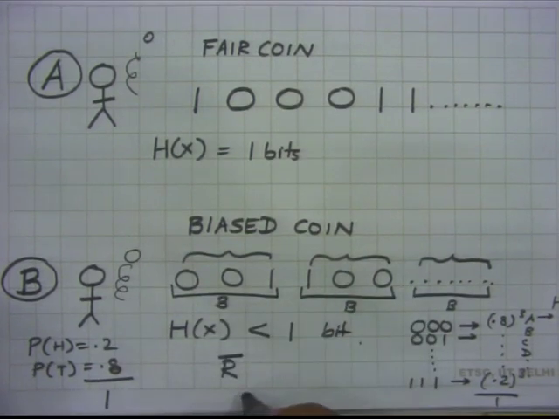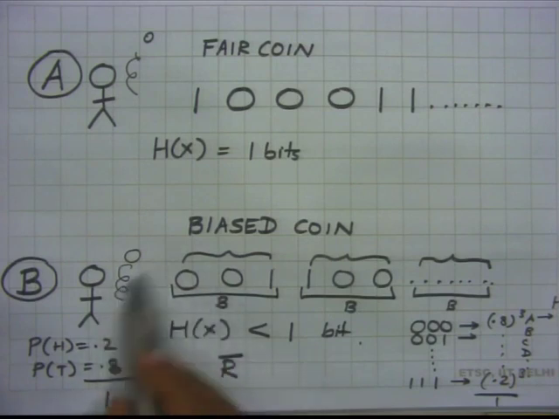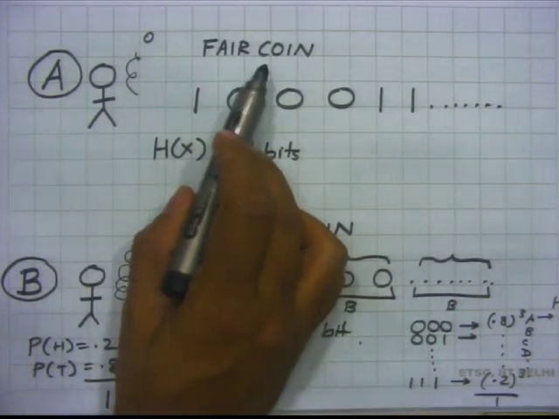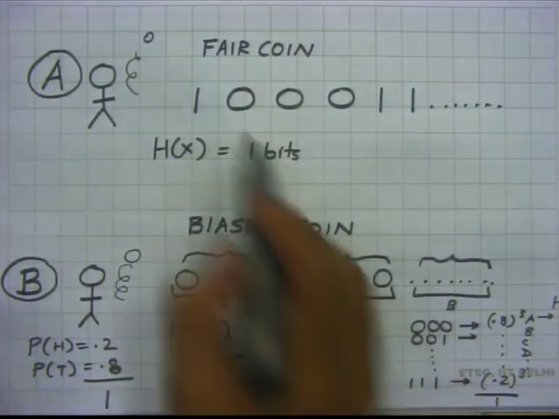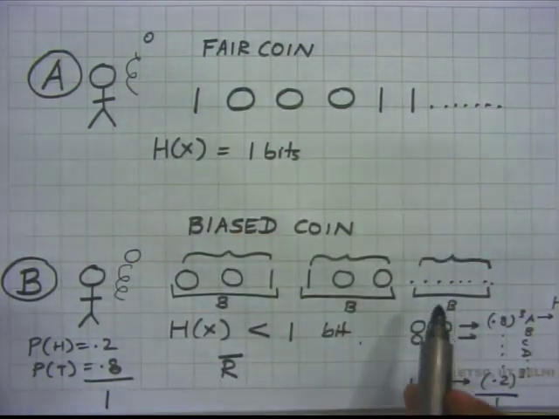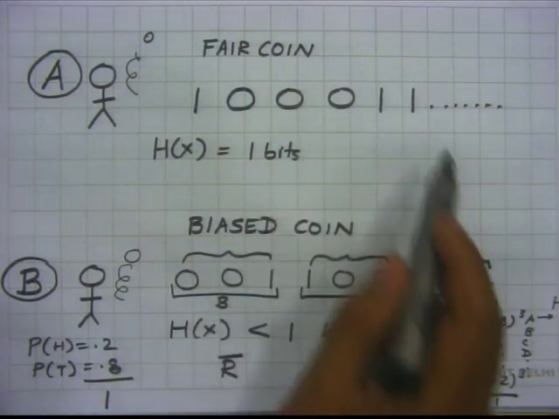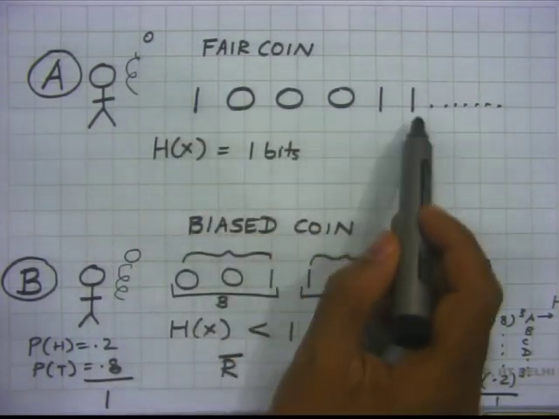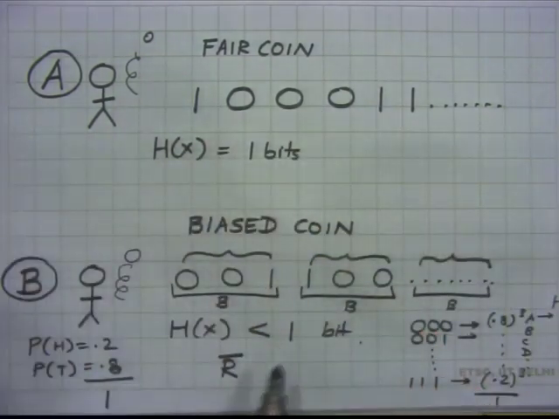So, you actually require fewer than 1 bit to represent the outcome of this biased coin toss. But this logic will not be true for a fair coin, where if you combine them in blocks of 3, 4, it does not matter, they are all equiprobable and you will not be able to get any compression because of the combination into symbols. So, this is a simple example that illustrates why if you do block by block coding, you should be able to do things better.